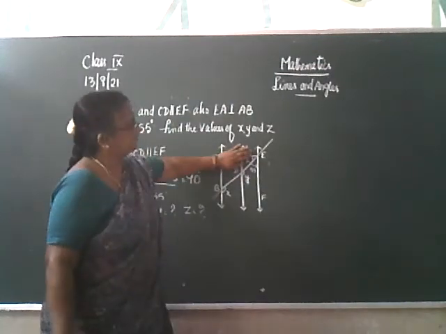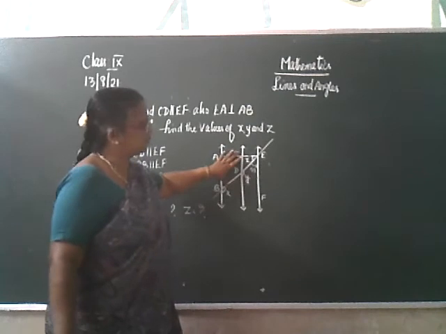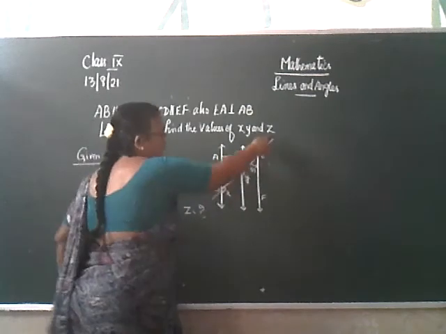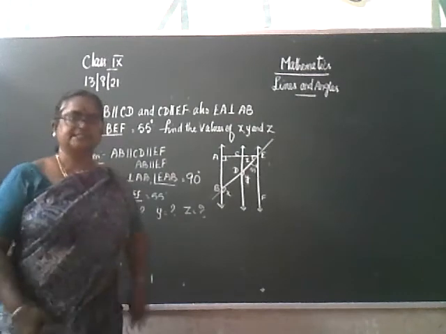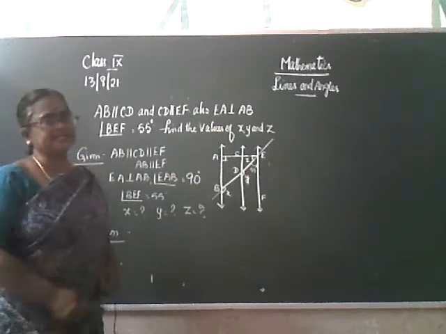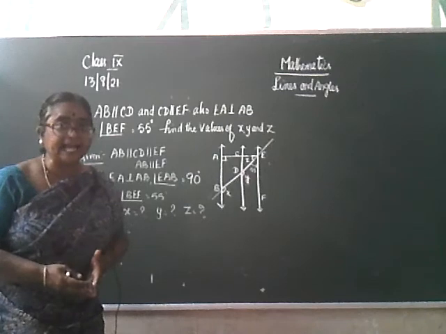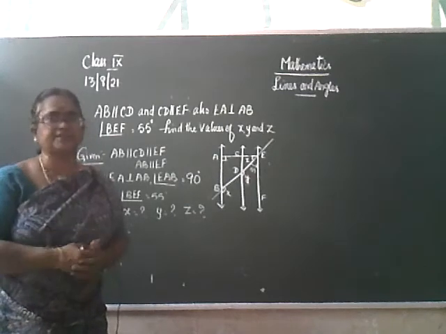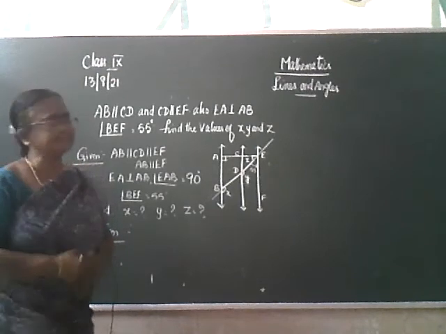See, if I consider CD and EF, these two are parallel. And what is ED? ED is the transversal. So if ED is the transversal, sum of the interior angles of the same side of the transversal is 180 degree. That is the theorem, isn't it?